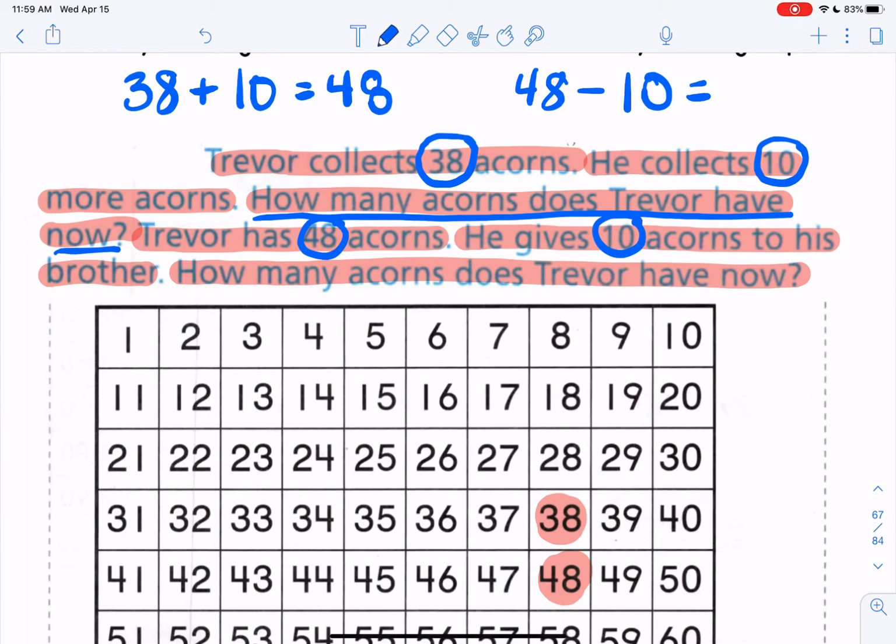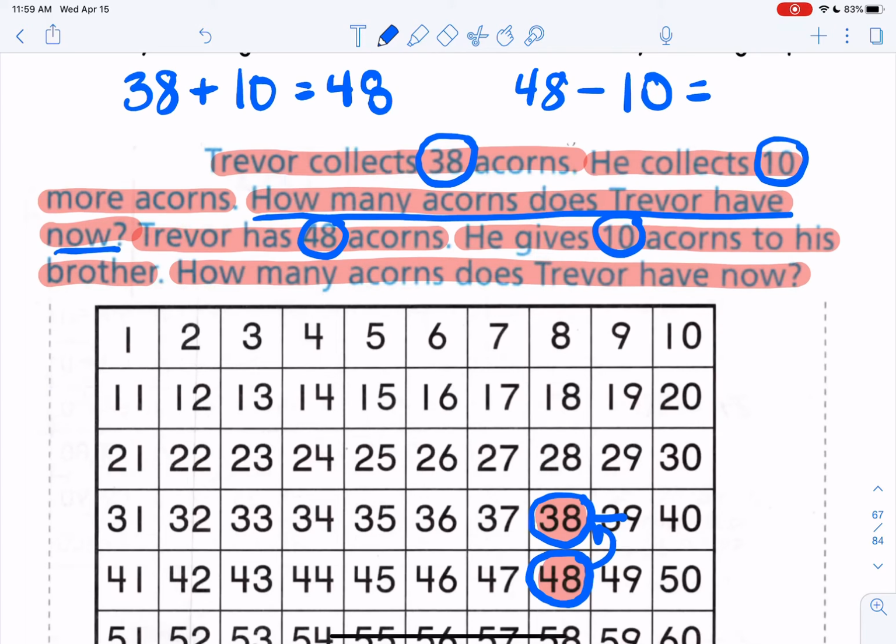Now what I want to show you is that you can use the number chart to solve this problem. You can find 48, and to subtract by 10, you can go up 1. What's the answer? 38. Now there's a second way to solve the problem.